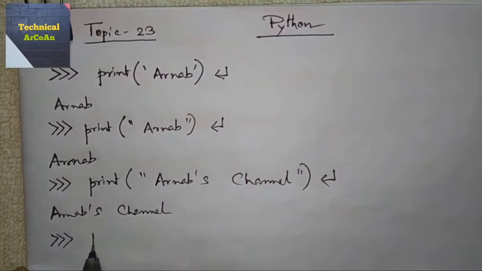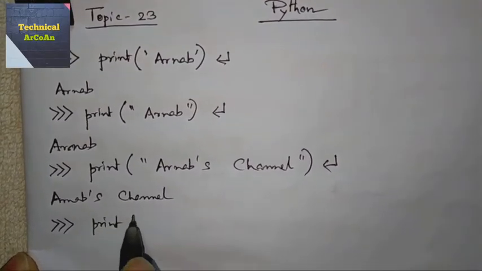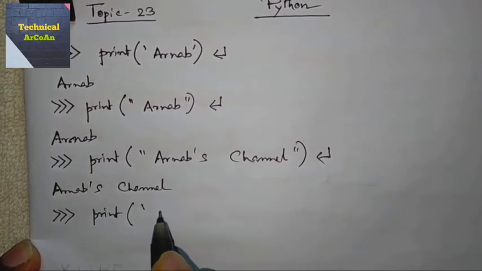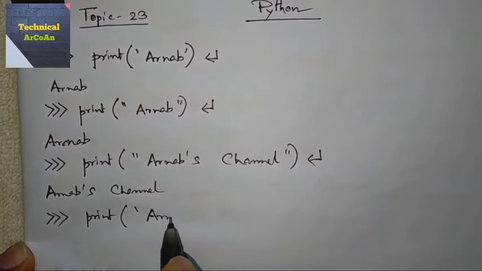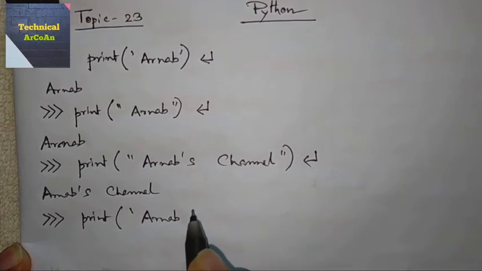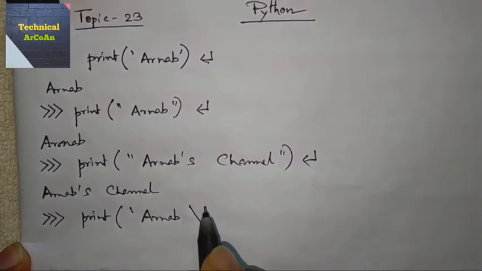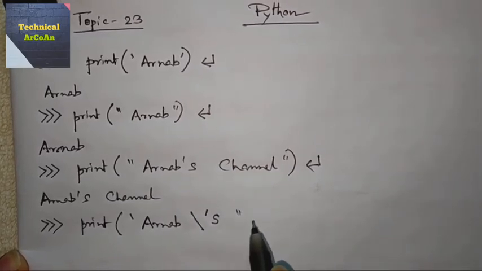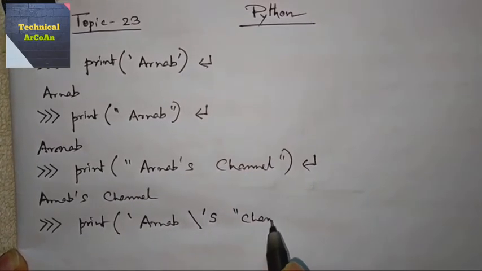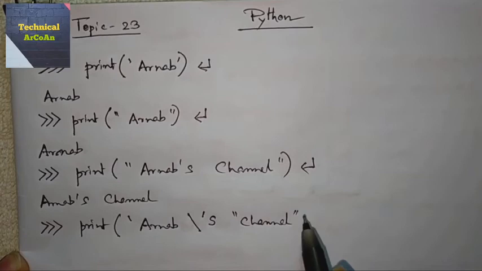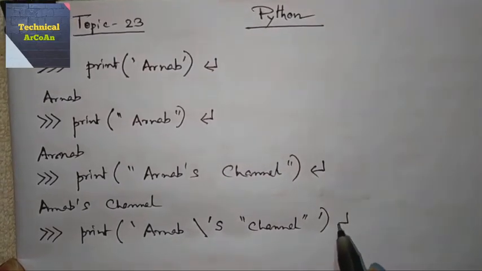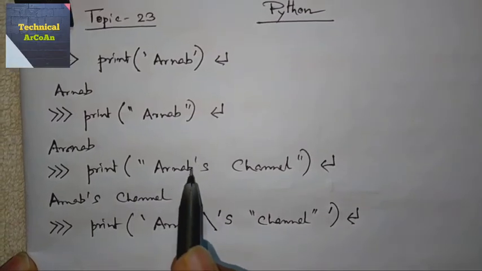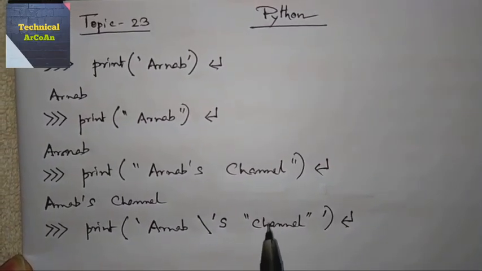Also we can write the same string in a different format. We write a single quote, then Arnab, then a backslash, then a single quote s, and then we write double quote channel, and after that we end the single quote. Here, within a single quote we are using a double quote.